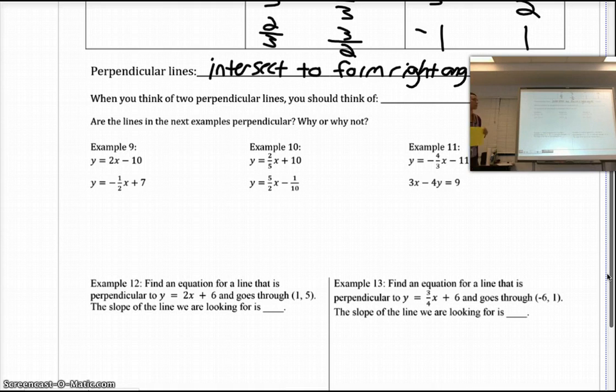What's the notation? What's the symbol? The upside down T looking thing. You need to know that.